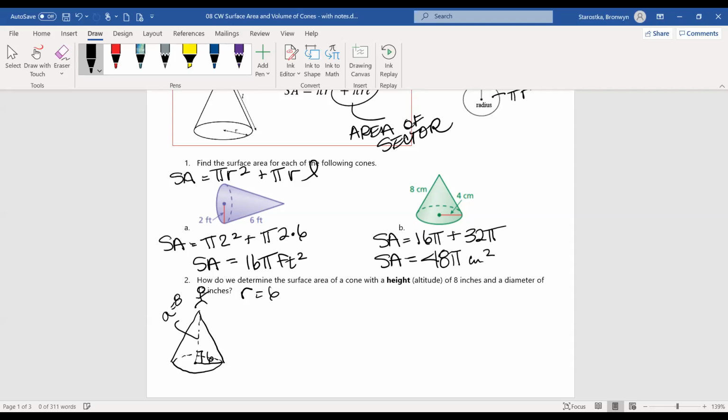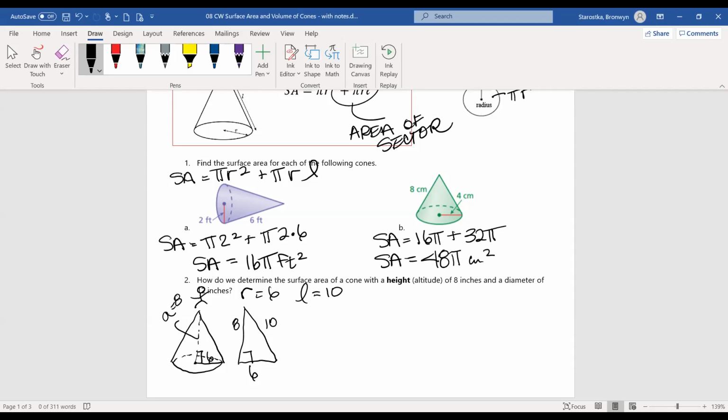And let's not forget 1. So there's 1. We've got a right triangle here. So let's just redraw it over here. We've got 8, 6, and if you remember from similarity, this is similar to the 3, 4, 5. That means our slant height, L, is 10.